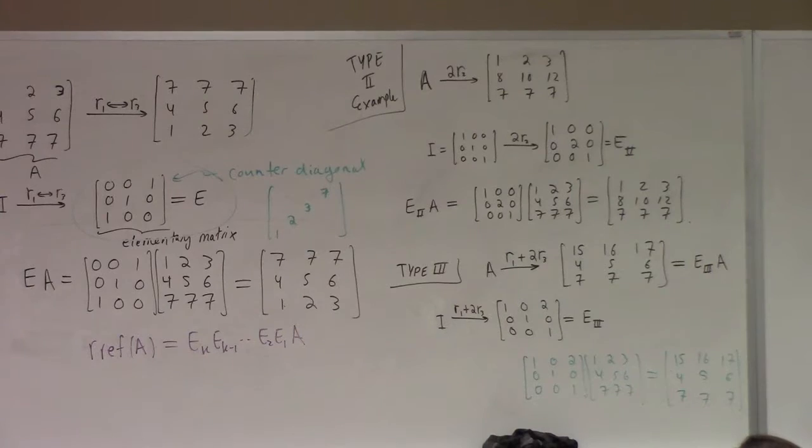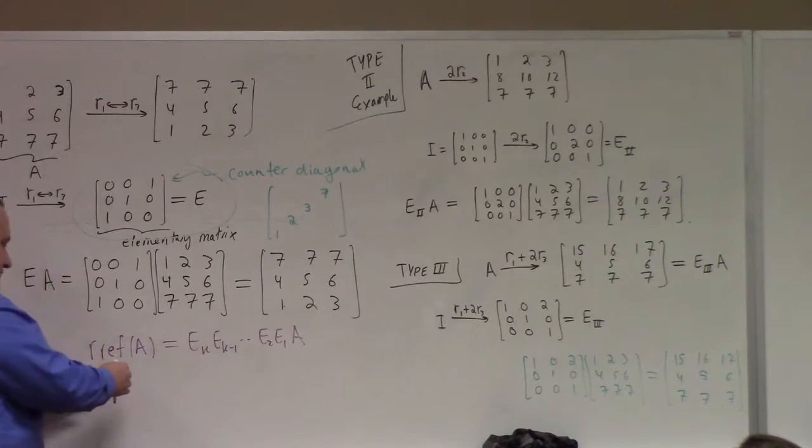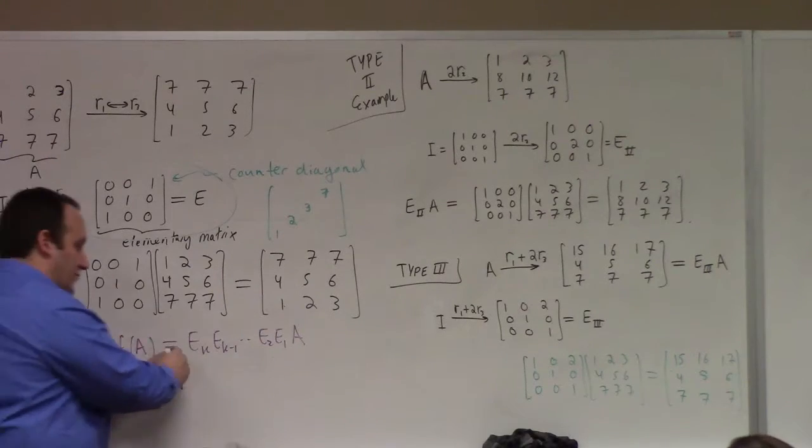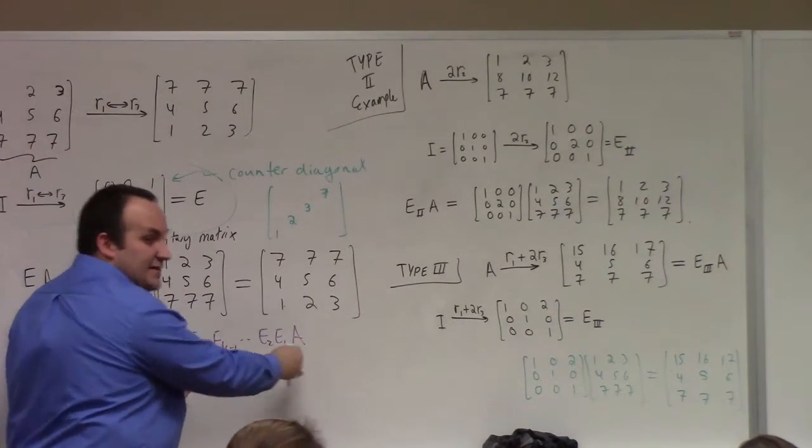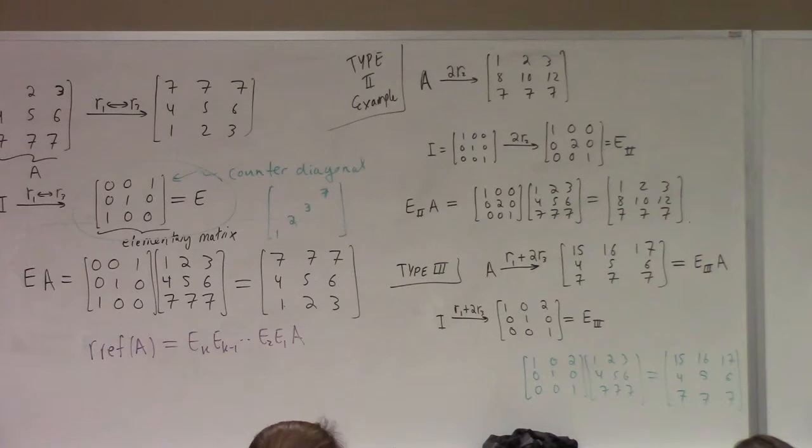So what that means is there's a formula which relates the reduced row echelon form of A to a product of elementary matrices times A. And that I will use to prove things in here. I will prove a few small things in here, most notably the linear correspondence with this. So thank you for that question.